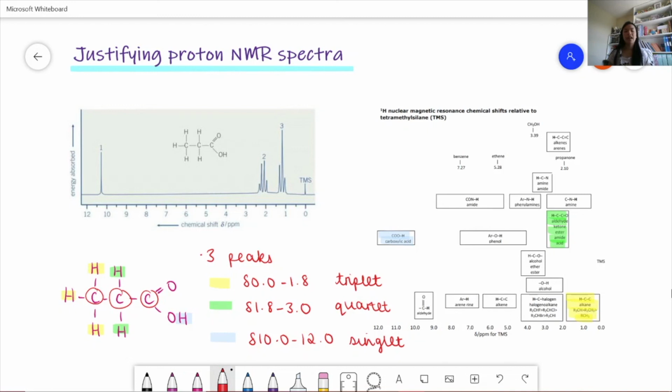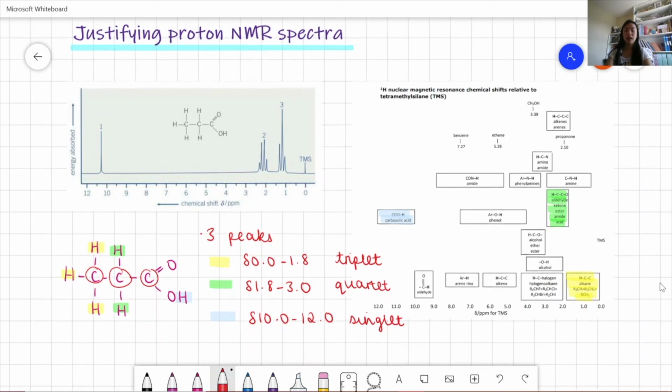And we could also look at the different areas we have under each peak, because for the yellow hydrogens we have 3 of them, and so the relative intensity will be 3. And then for the green hydrogens we have 2, so the relative intensity is 2. And for the last hydrogen we only have 1, so the relative intensity is 1.